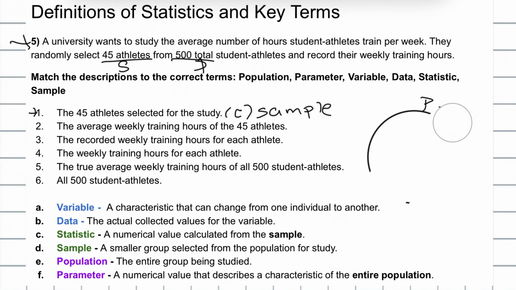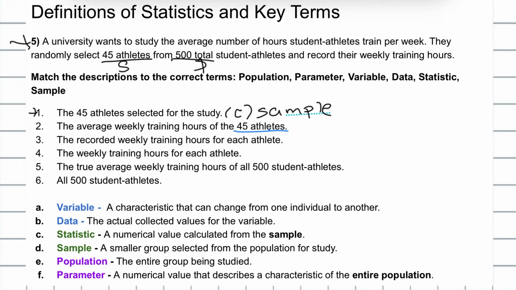Now let's go to number two. Number two is the average weekly training hours of 45 athletes. We know that 45 is a sample, and the sample is being described in these hours in this example.